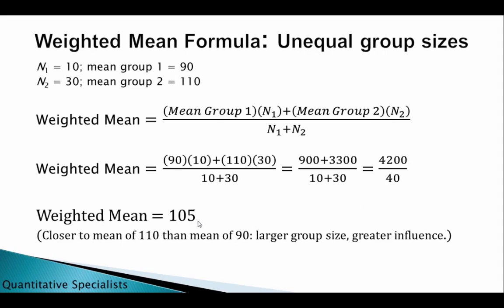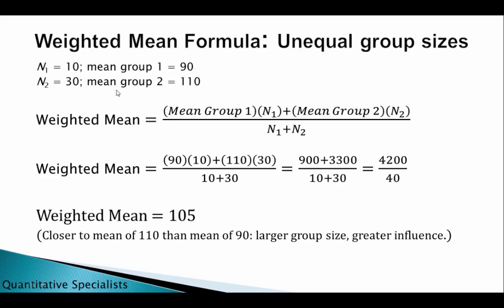Now, if you recall in our last example, when we had the exact same means of 90 and 110, but when we had equal group sizes, the weighted mean was halfway in between those two group means, or it was 100. Notice now, with the exact same means, it's no longer 100, but now it's 105. And what we see here is the weighted mean of 105 is closer to this mean, 110, than it is to this mean, 90.